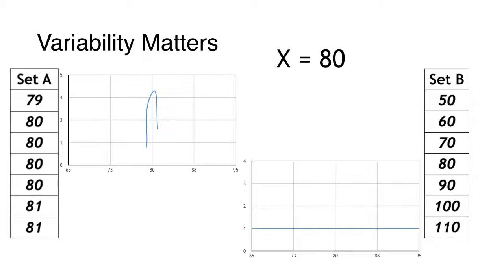And that shows a different picture of what happened than set B, where the mean is also 80, but look how spread out the scores were. And there was only one person who scored each one of them, so it becomes very flat, very low kurtosis. And that tells me that I've got a huge variability in the scores. They went all the way from 50 to 110, whereas the one on the left is very tight. There's not much variability there to tease out.